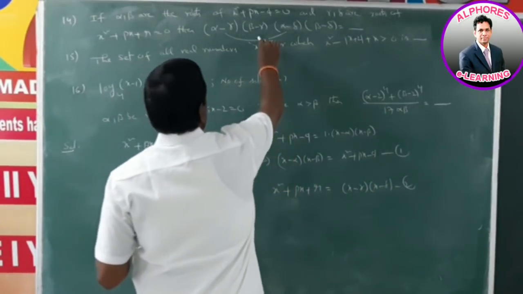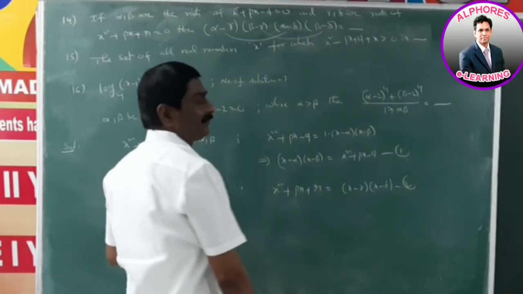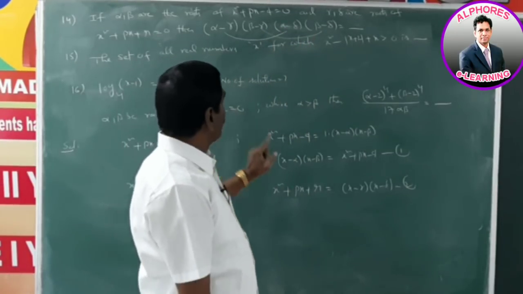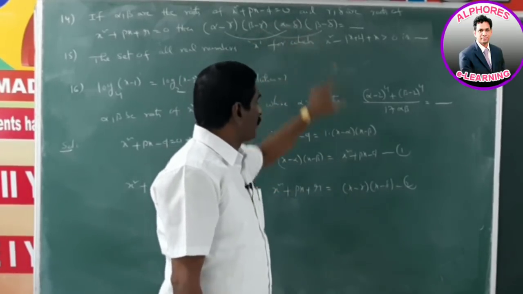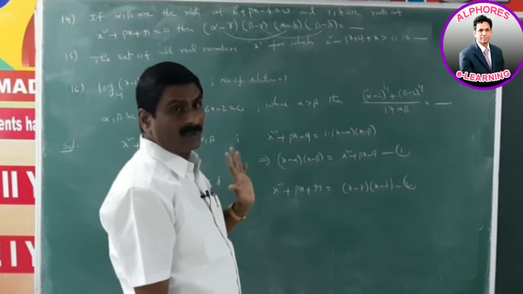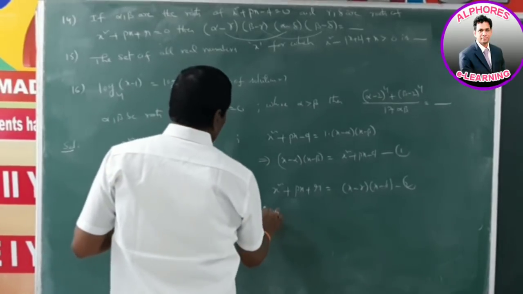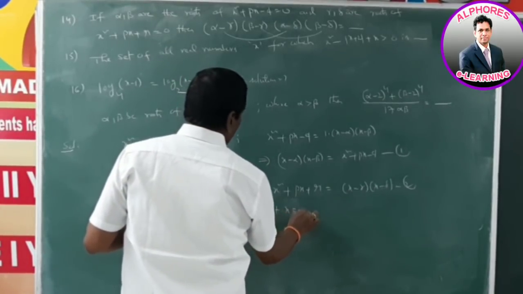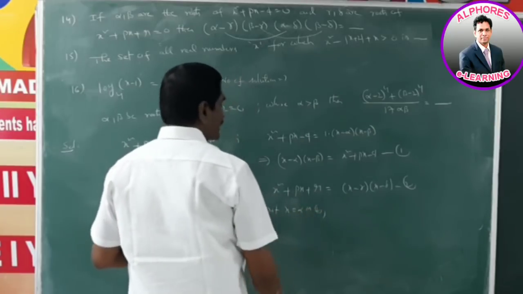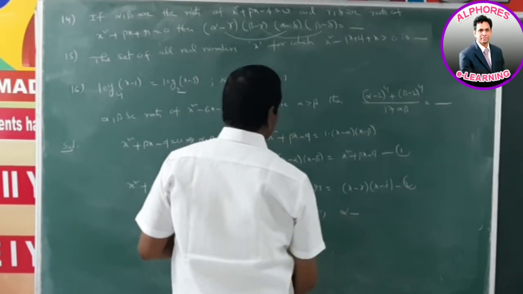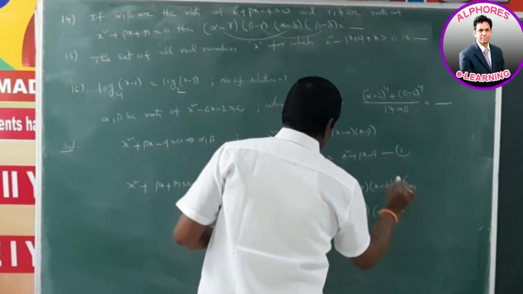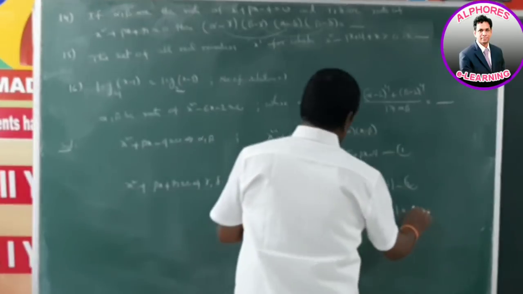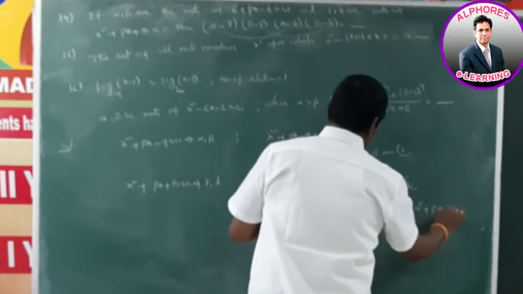Please observe the second and fourth terms. In this case, put x = beta, we get (beta − gamma)(beta − delta). So, put x = alpha, that means (alpha − gamma)(alpha − delta) is equal to alpha² + p alpha + r.